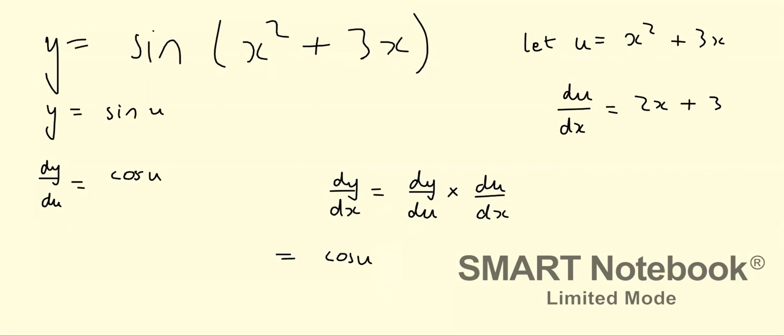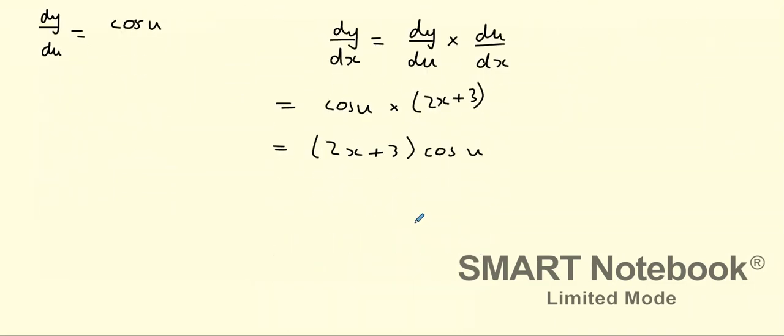I'm going to say cos u times 2x plus 3, and so I'm going to move that to the front: 2x plus 3 cos u. And we know what u is. It's x squared plus 3x.